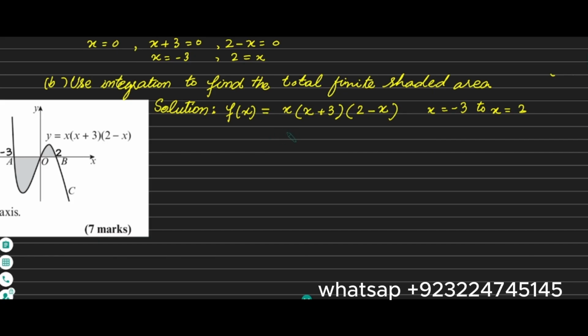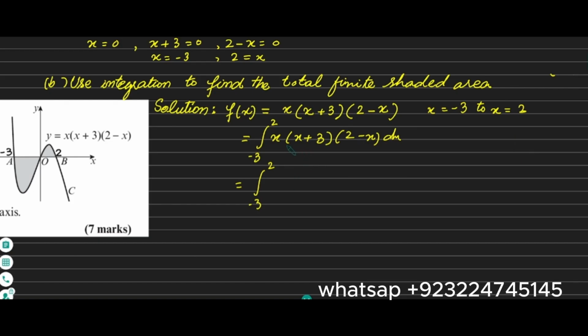First of all, we will integrate it and apply the limits. So we write minus 3 as the lower limit and 2 as the upper limit. And now we write the function x into x plus 3 into 2 minus x dx. First, simplify the terms. We can multiply like this.